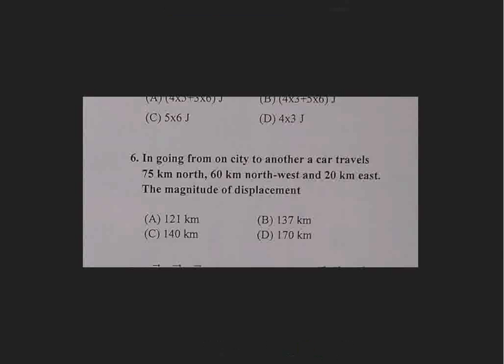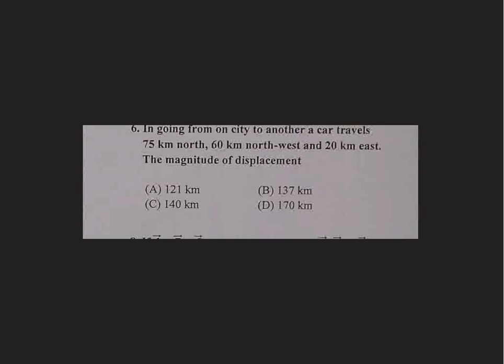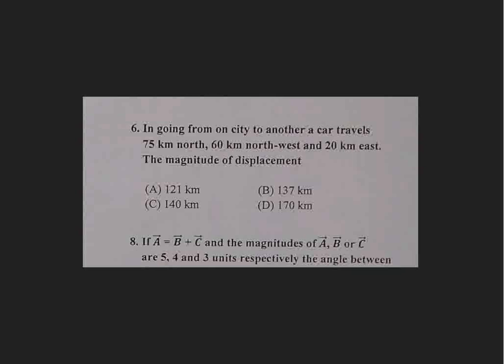In going from one city to another, a car travels 75 kilometer north, then 60 kilometer northwest, then 20 kilometer east.